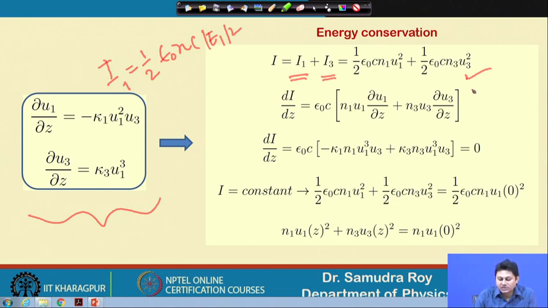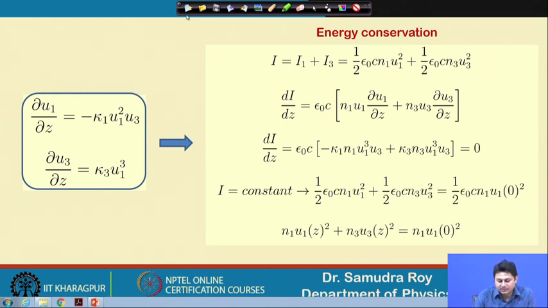So, we have these two equations, and the next thing is to find out whether I will change with respect to z, so we take a derivative. We have the derivative with respect to u1 and the derivative with respect to u3.